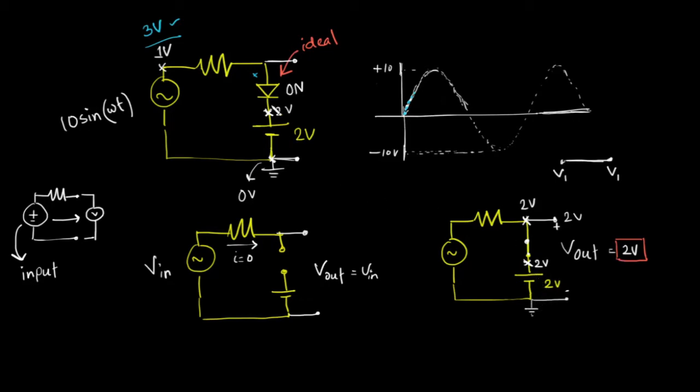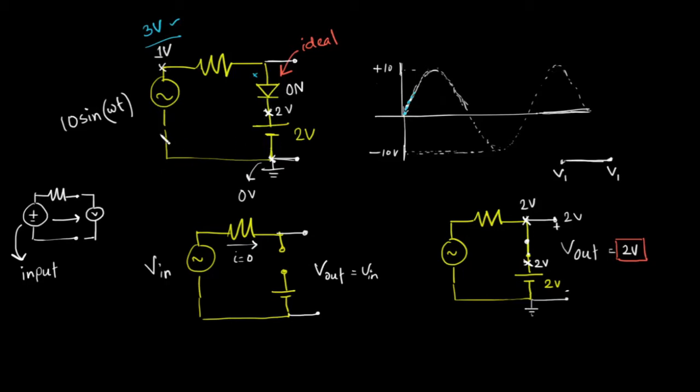Now, when will my diode remain on? Well, my diode will remain on as long as the anode of the diode is at a higher voltage than the cathode. Now, we can see here that the cathode is at 2 volt. So, for all voltages of the input that are higher than 2 volt, my diode will be on, right?